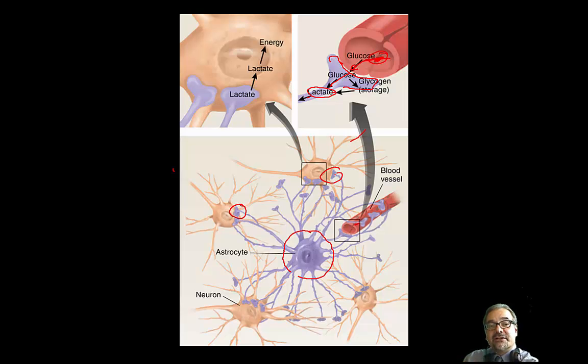So that's the second function. The third function is that astrocytes remove debris from the area around. So let's say a neuron dies for whatever reason, axons break off, and astrocytes then get rid of the debris from the area.